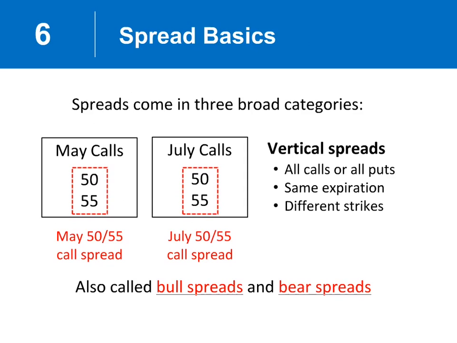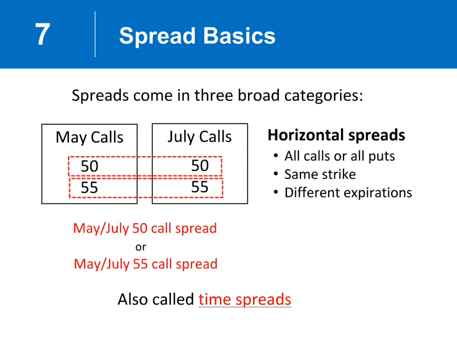The second category, which we will certainly be focusing on tonight, is the horizontal or time spreads. Again, all calls or all puts, same strike in the horizontals, but different expirations. So a couple of examples, same July and May time period: long the July 50s, short the May 50s, long the July 55s, and short the May 55s.